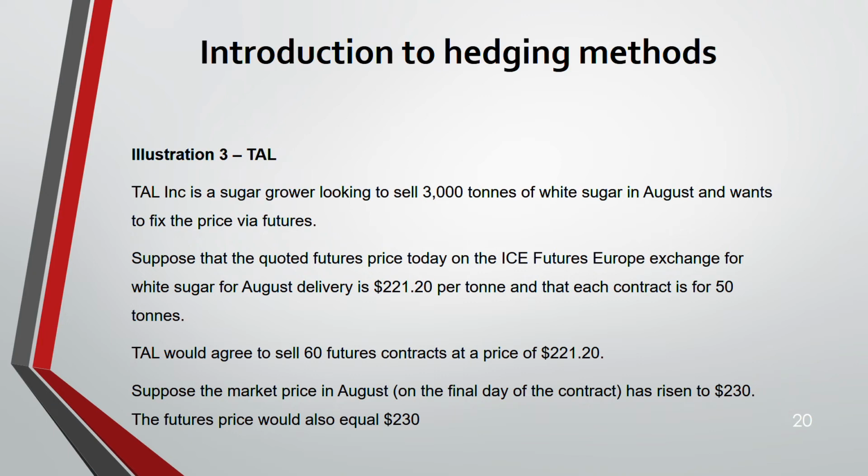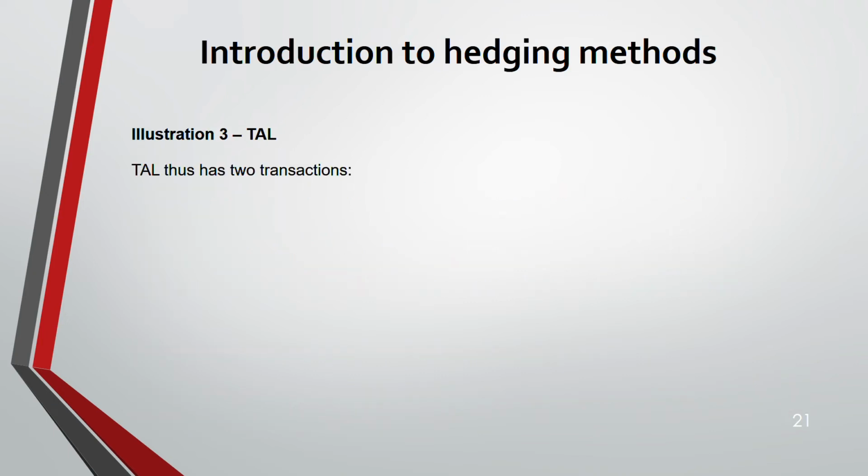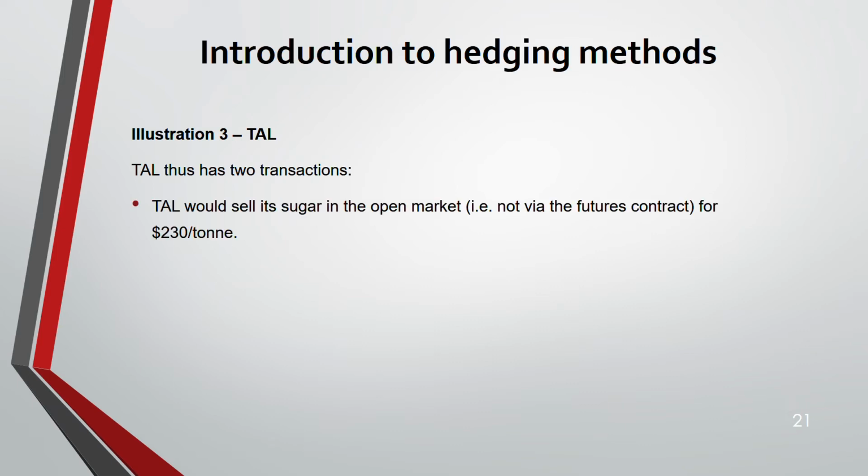Now, TAL has two transactions because of this. Number one, he will sell the sugar in the open market at the price of 230. That means he's not using the future contract at all; in the open market only he's selling at 230.